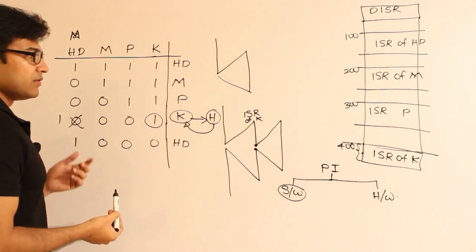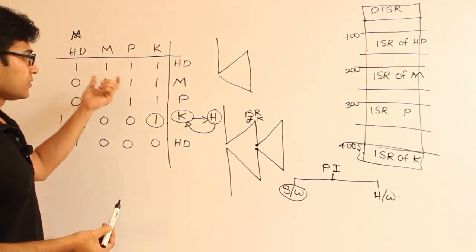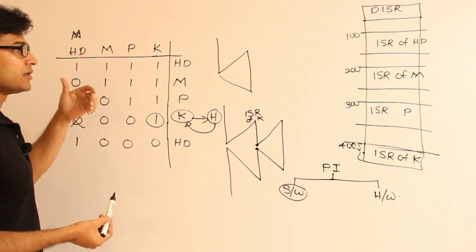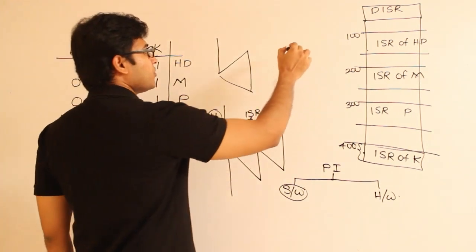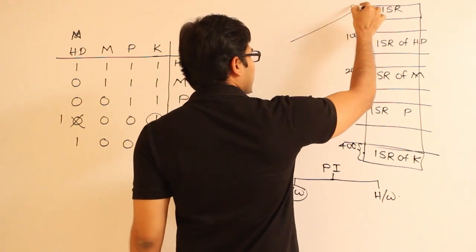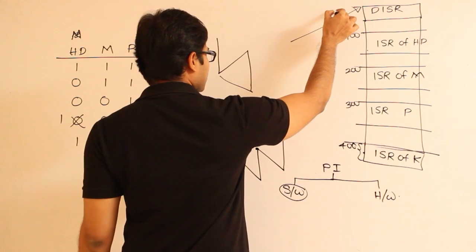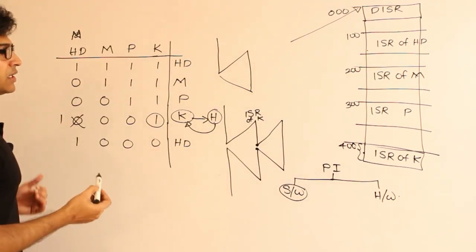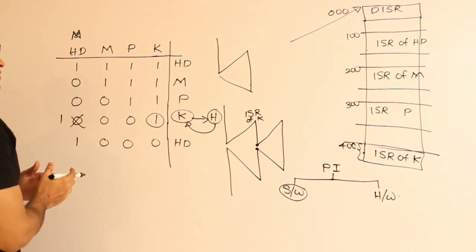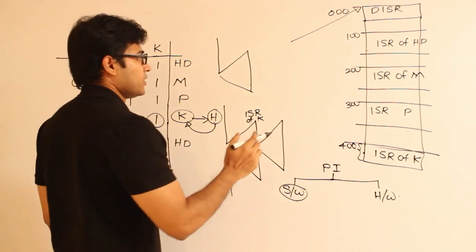Even if the interrupt is from keyboard, memory, mouse, or hard disk, I don't care. Whenever you get any interrupt, we'll directly jump onto this interrupt service routine, and it is generally stored in a fixed location. Let us say it is stored in location 000. Therefore we need not know what its address is. Its address is always fixed, which is 000. Now we go to that location.